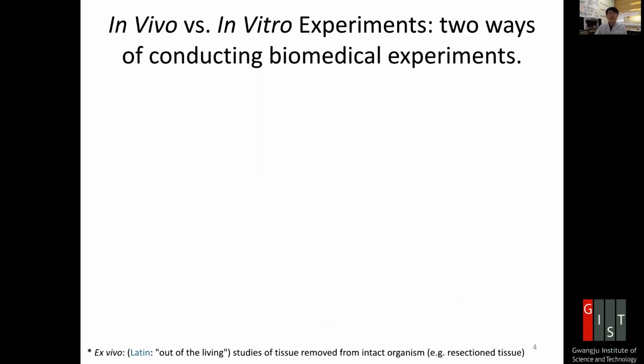Then we need to understand the terminologies more here. In vivo and in vitro experiments are two different ways of conducting biomedical experiments. Let's think about an example of cancer biology. We want to study cancer to develop a drug which will kill specifically cancer cells.